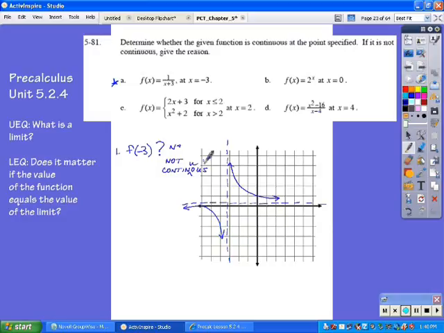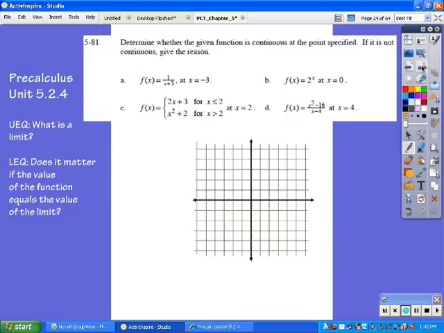Moving on to letter B. In letter B, we have an exponential graph from Algebra 2. Exponentials have an HA, no VA. And that curve should look something like this. Again, that's a sketch.